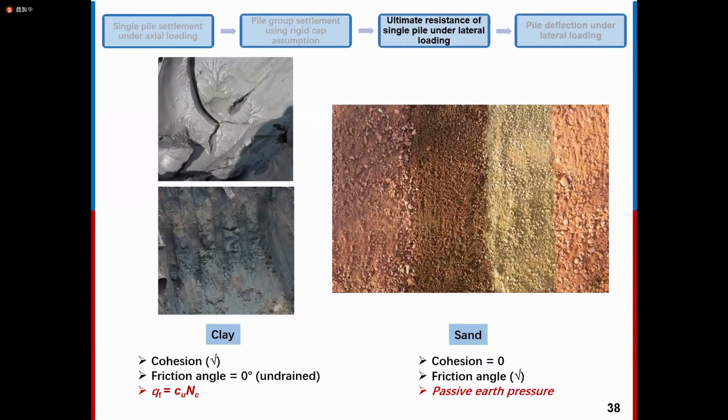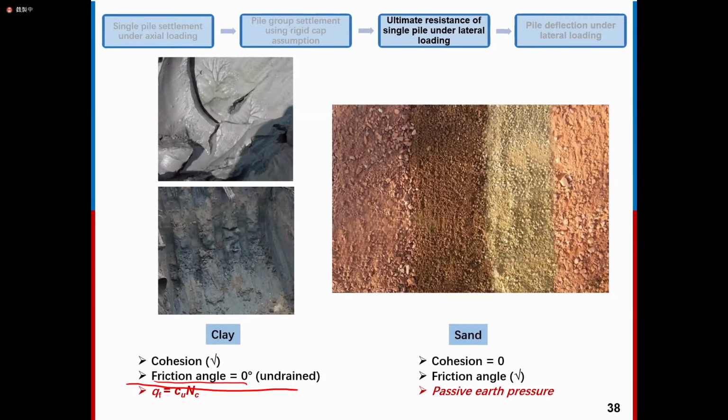And we discussed the clay and sand. We discussed in quite some detail why for clay we assume the friction angle is equal to 0. We only consider the cohesion, the Cu. And for sand, we would normally consider the passive earth pressure. For today's new lecture, in lecture 3, the soil nail slope, we will also see that sometimes we use this assumption, phi equal to 0, and sometimes we use the real phi value.